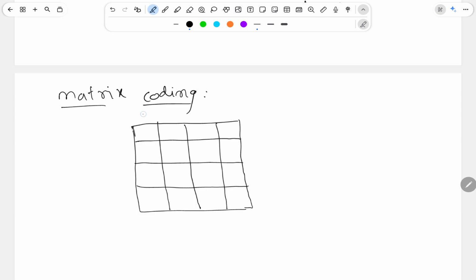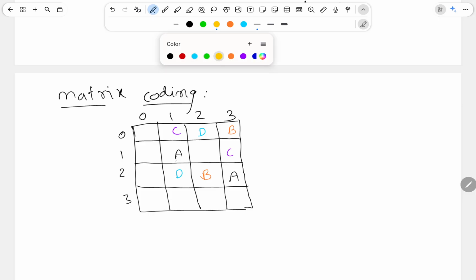Let us say sometimes they will give 1, or sometimes they will start with 0 to confuse us. 0, 1, 2, 3. A, so like this, anything can be filled.